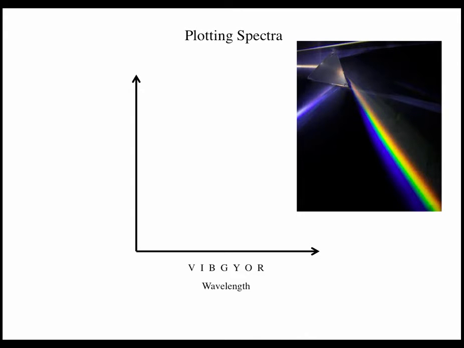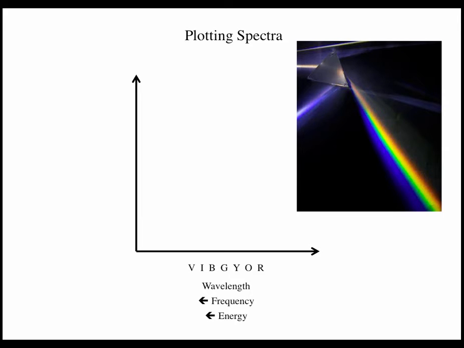We have wavelength, and we know that violet light has shorter wavelength than red light. We can plot frequency because we know that violet light has a higher frequency than red light, but we also know that because of this, the axis would be running backwards, that higher frequencies would be to the left, lower frequencies to the right.